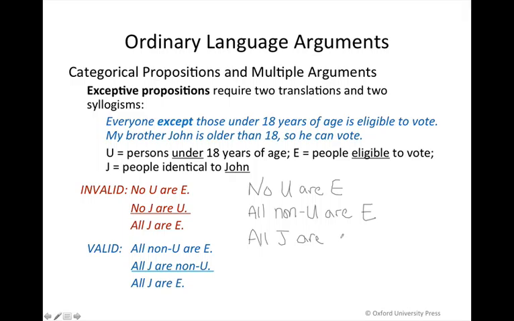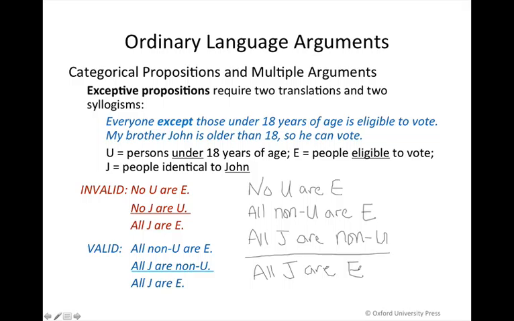Well, persons who are under 18 are going to be those persons of which John is a member. It's going to be among those persons of which John is a member. And then the conclusion is all persons identical to John are persons eligible to vote.